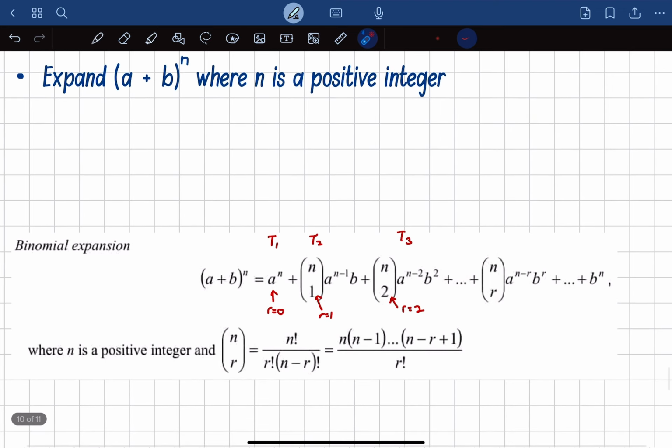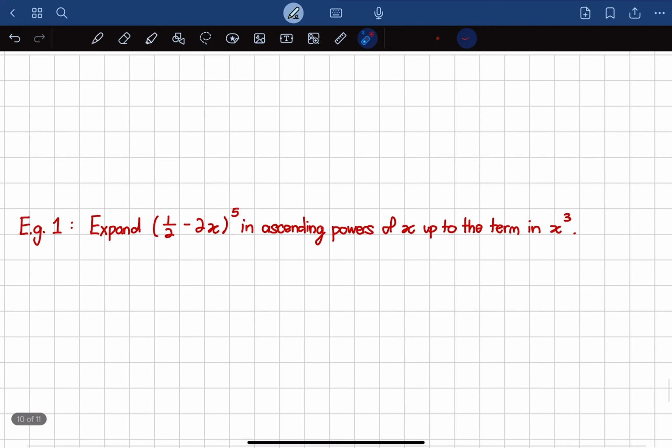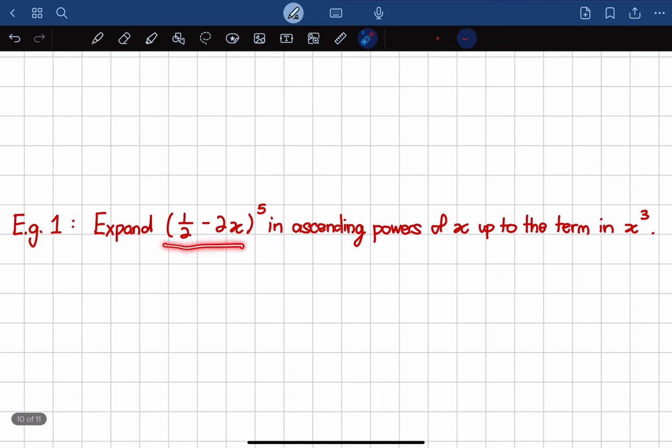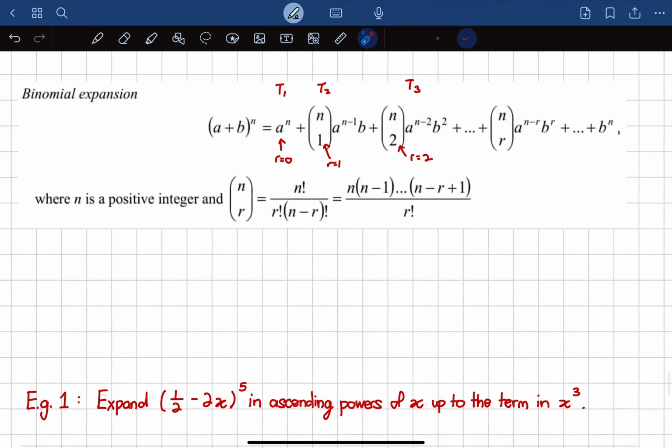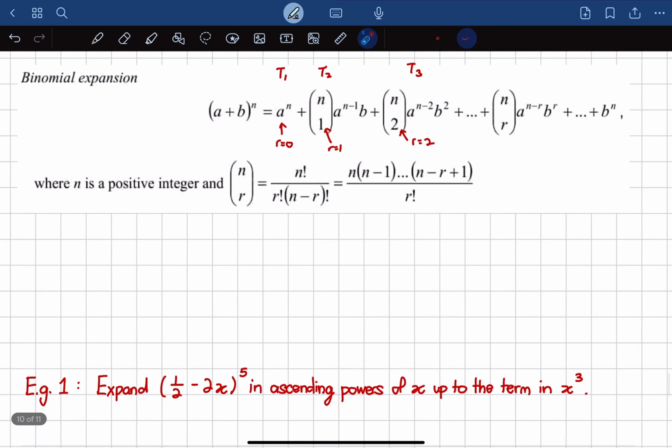Let's look at what we need to know for this skill. Example 1. Expand this binomial raised to the power 5 in ascending powers of x up to the term in x power 3. So I simply look at the formula here. First step, when we see this binomial, in order to not make careless mistakes, we should first identify what is my a, what is my b, and what is the n.